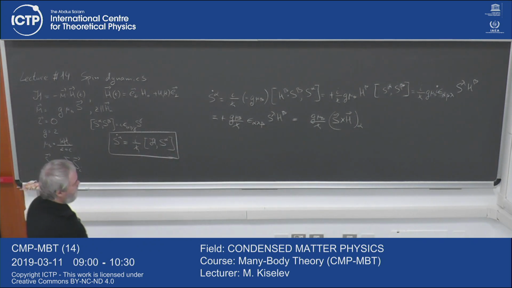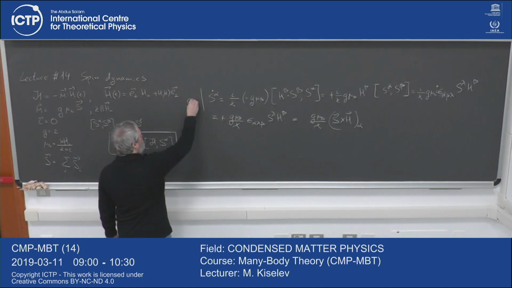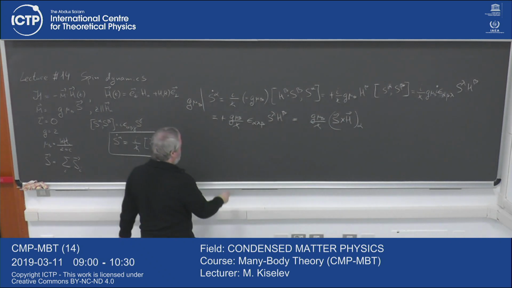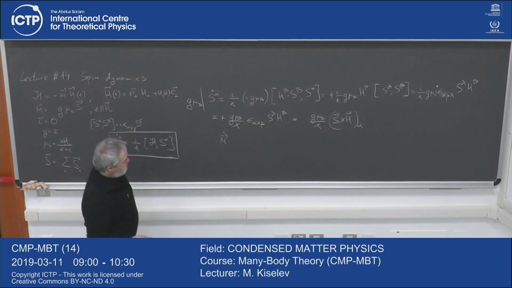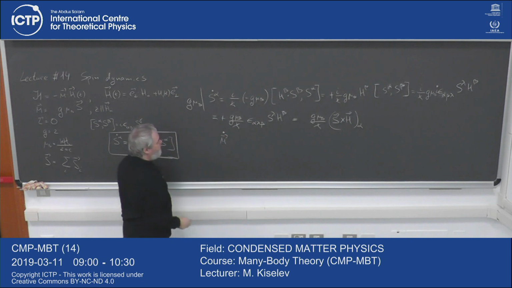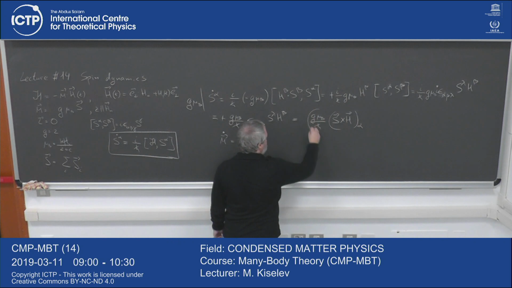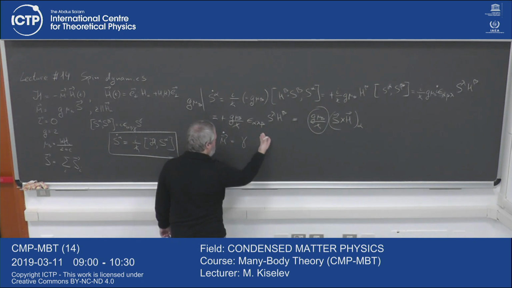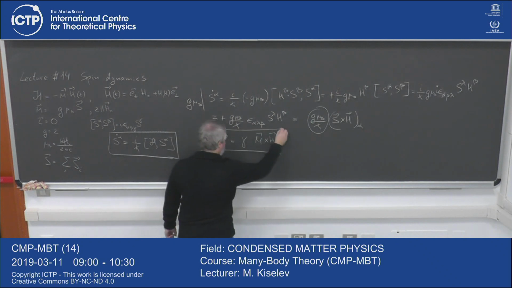Okay? So if I now multiply my equation from the left hand side by g μ_B and also this by g μ_B, what I get is M dot. So this is the time derivative of the magnetization, equal to, I will denote it as some constant γ, times M cross H. Okay?